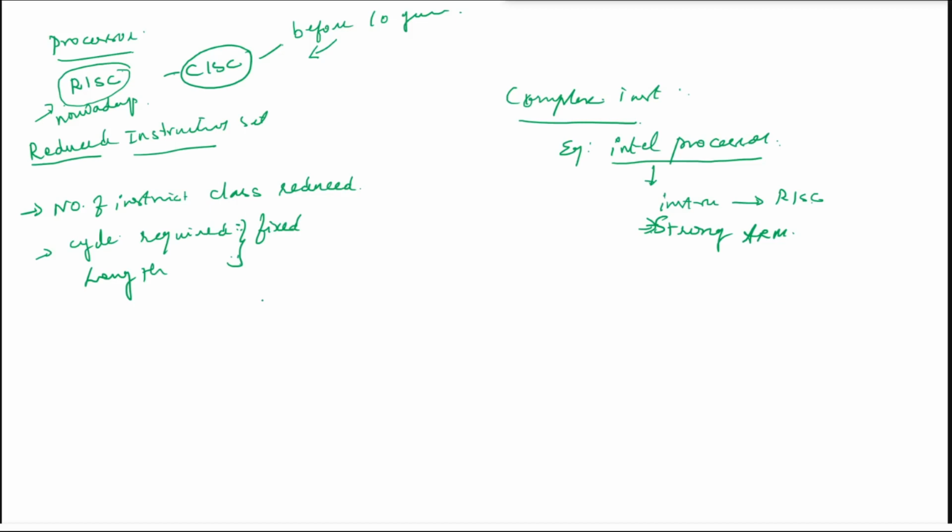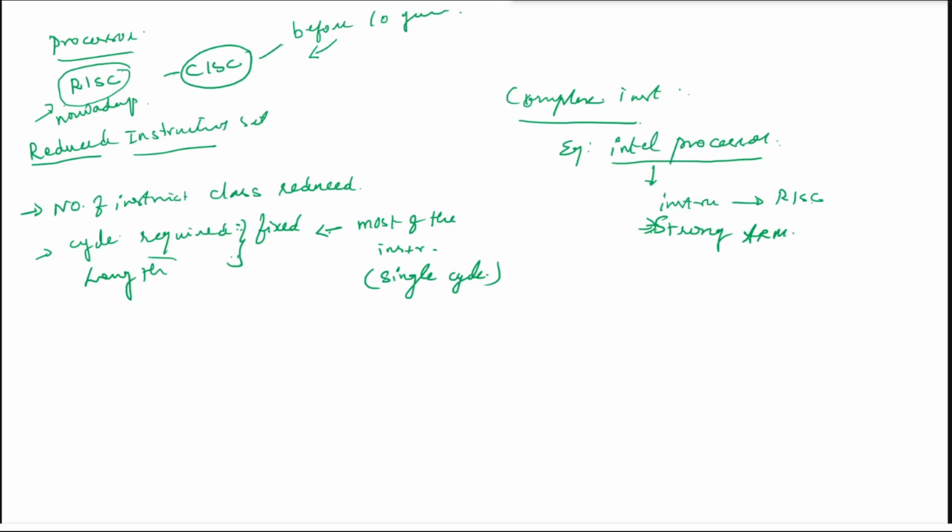When you talk about a RISC-based machine and the cycles required, I can say most of the instructions will take a single clock cycle. I told you only most of the instructions, not all of them.